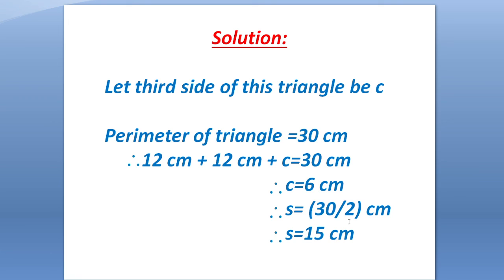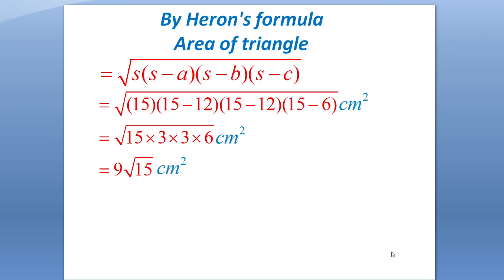Therefore, S is equal to 30 by 2 centimeter. So S, the semi-perimeter, is 15 centimeter. So we know sides A, B and C and S. So we can use Heron's formula to find out the area of the given triangle.